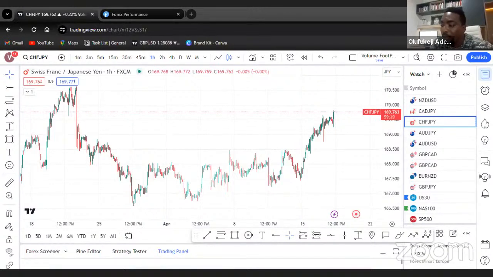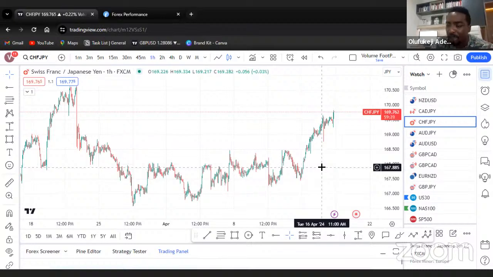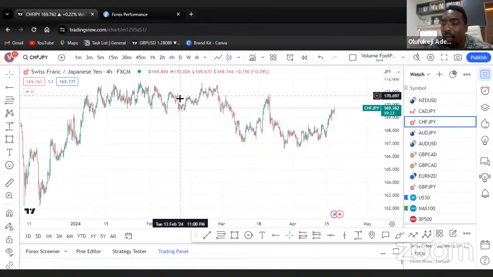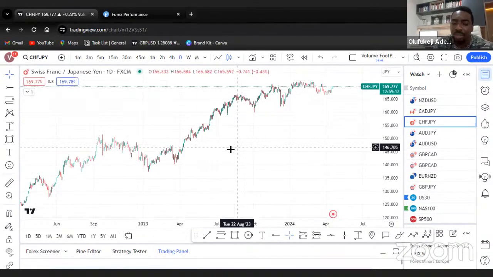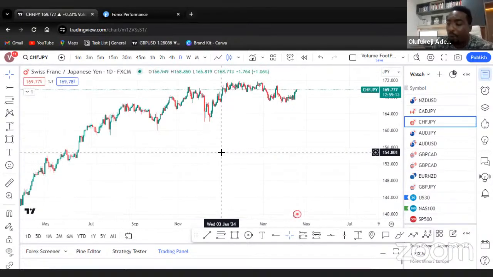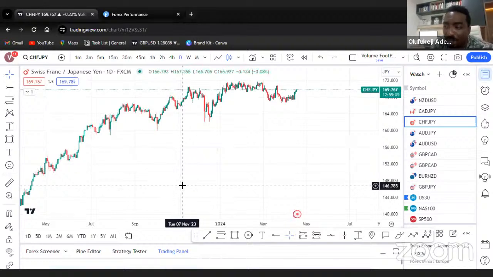Because of the shift, prior to now, from October till about March, April, the theme was buy the dollar. Sell everything and buy the dollar. So the theme was dollar demand. But now it's changing, and it's looking like the regime we are in is safe haven, risk on, risk off.